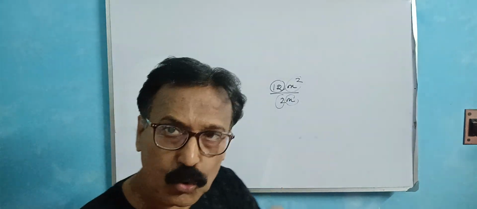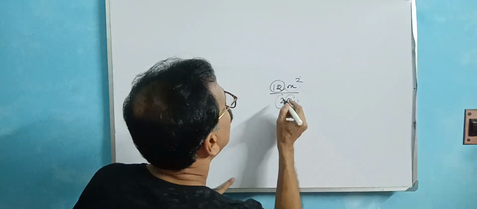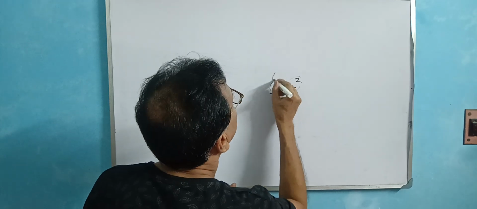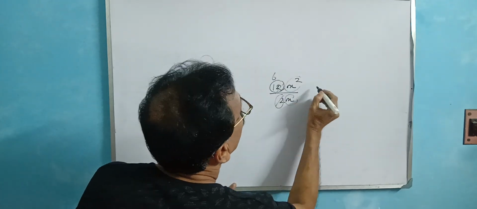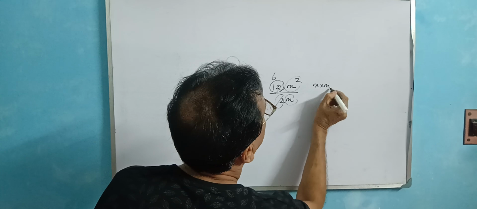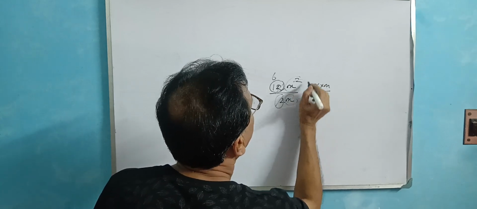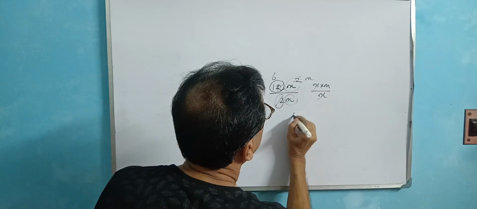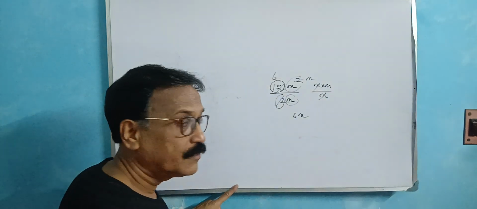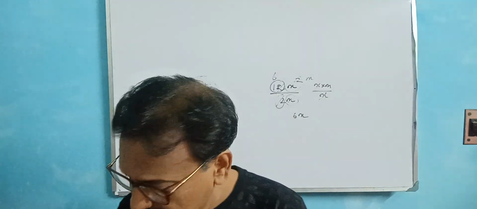So you divide the two parts. First here you divide this 12 by this 2, which is 6, and here x square, that means actually x into x, divided by x, cut off this. So ultimately this is x. So the ultimate answer is 6x. This is the way we divide in case of algebra.